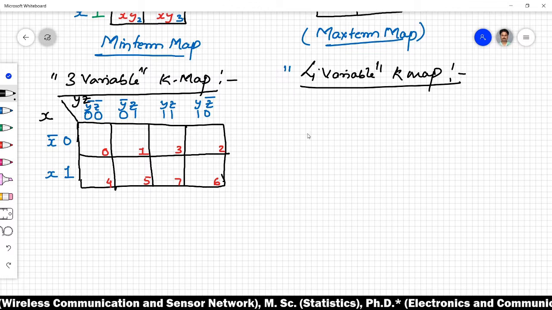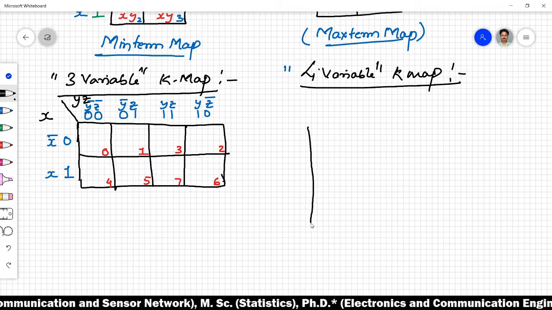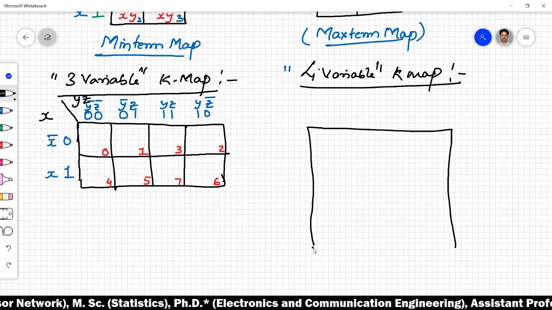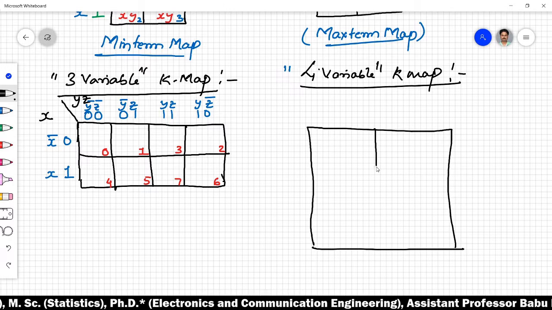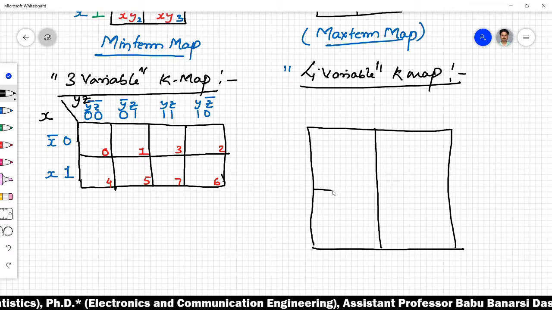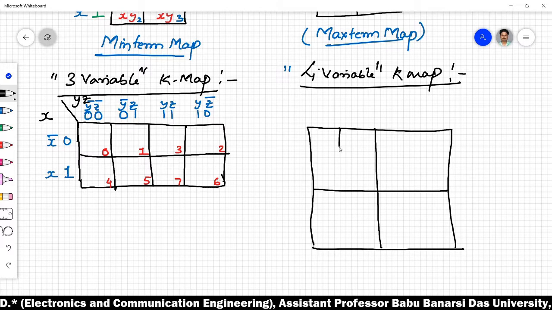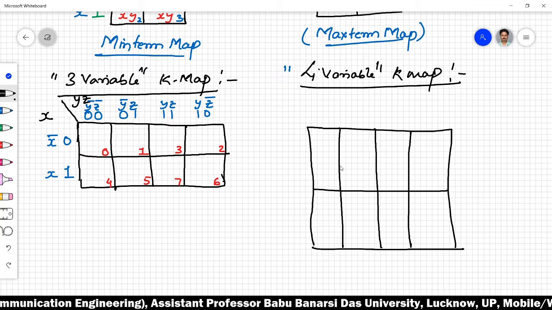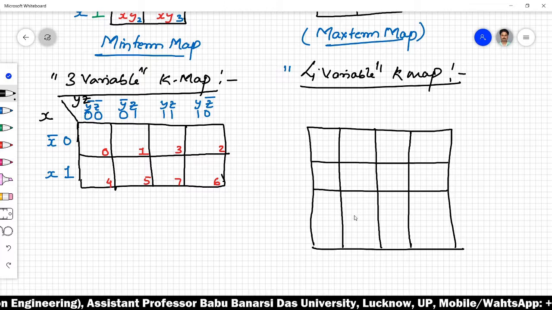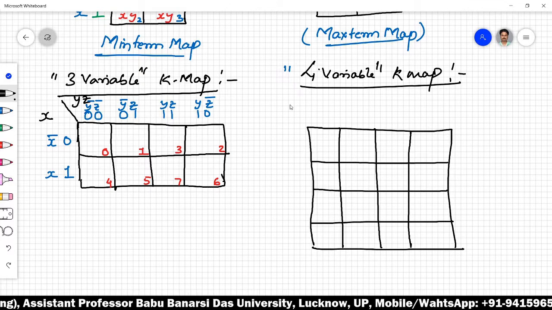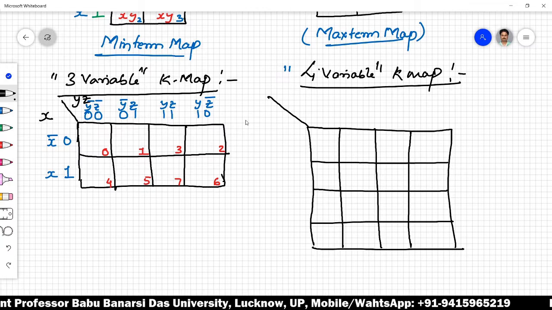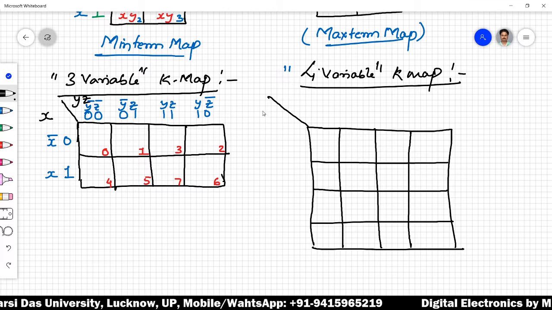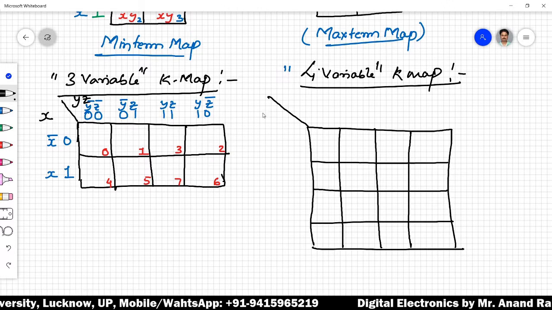So let me draw that. All right. Now, as we know, we are dealing with the four variable case, in which let me take two variables here and two on this side, and I am considering the four variables w x y z.